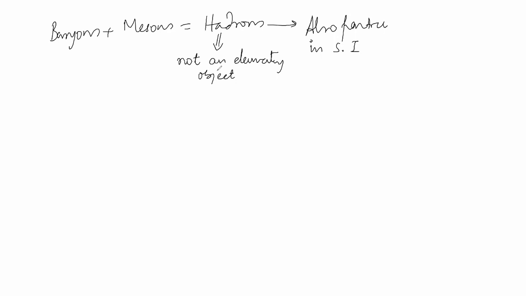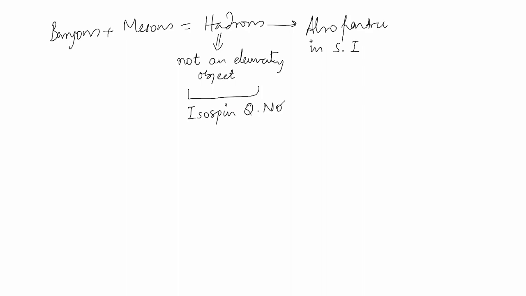Now the important point is that for hadrons, we assign the isospin quantum number. Why was I talking about all these? Because for hadrons, we assign the isospin quantum number. We don't assign isospin quantum number to the leptons.